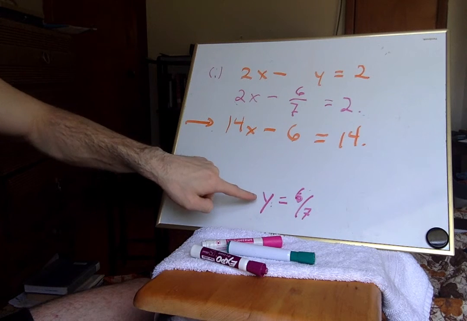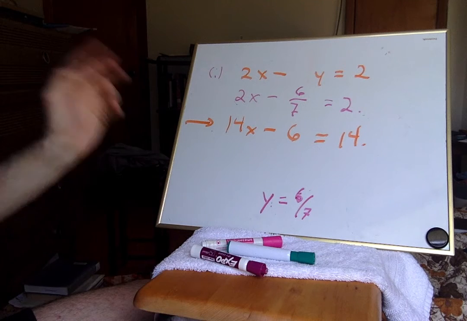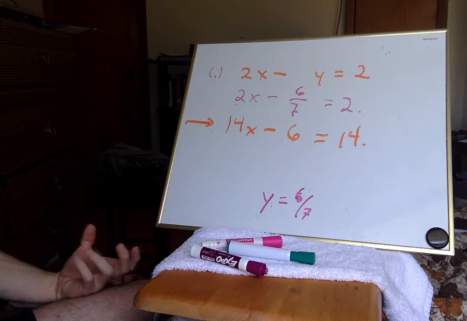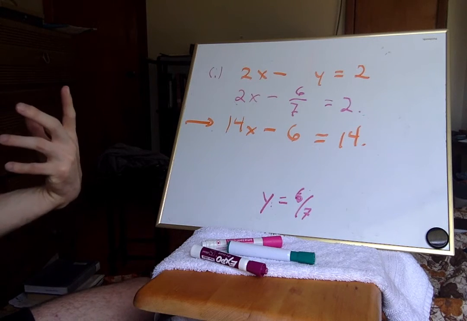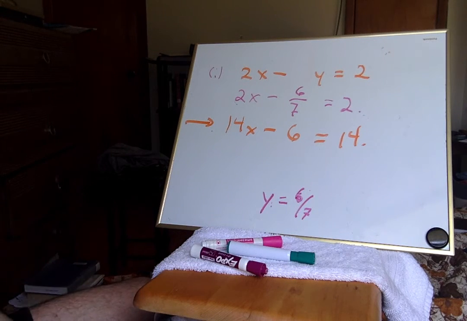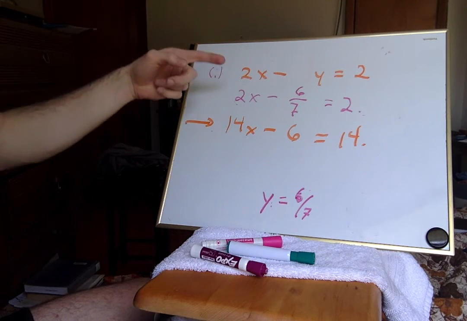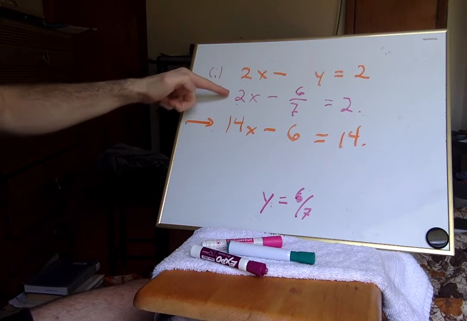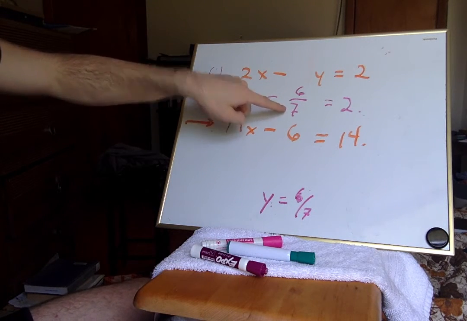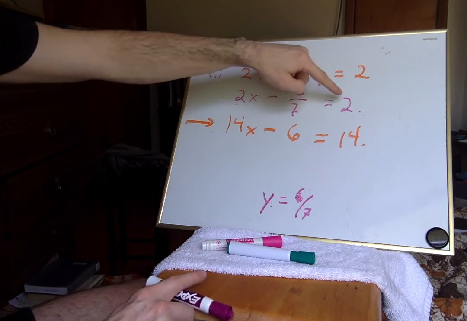My y solution is a fraction, and there's nothing I can do about that other than changing the problem. The solution for y is y equals 6 divided by 7, but that doesn't mean I need to keep that same form in the equation. So I can get rid of the 6 over 7, but when I do, I have to change my 2x to 14x and my 2 to 14.